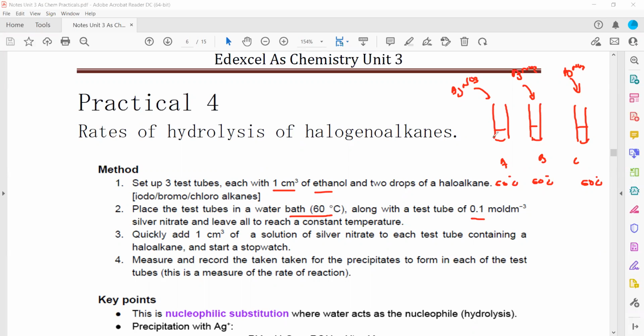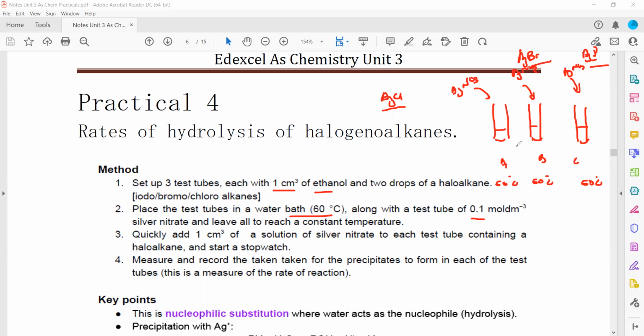For example, silver chloride, AgCl, silver bromide, AgBr, and silver iodide, AgI. The color of the precipitate can give us an idea: this will give a white precipitate, this will be a cream colored precipitate, and silver iodide will be a yellow precipitate.